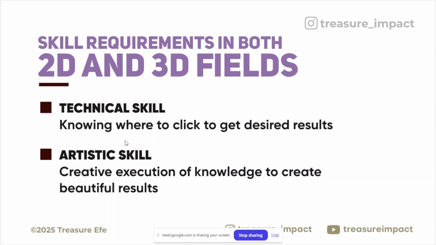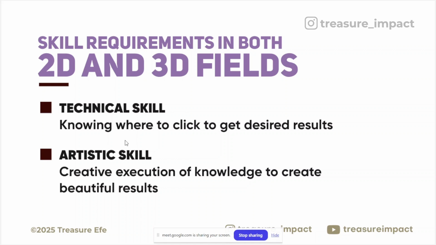And one more thing that you need to understand, one thing that is quite consistent in both the 2D and the 3D fields, is that you need both a technical skill and an artistic skill. When you are learning, you are going to develop a technical skill, which is knowing exactly where to click to get your results, and you're also going to develop an artistic skill, which is the creative execution of knowledge to create beautiful results.